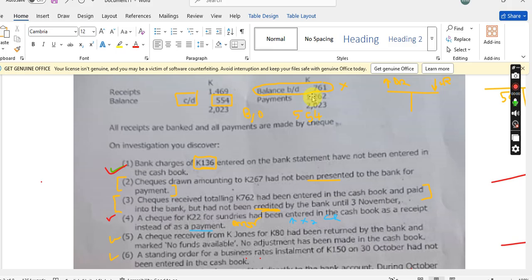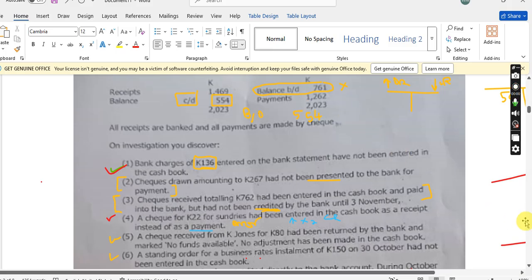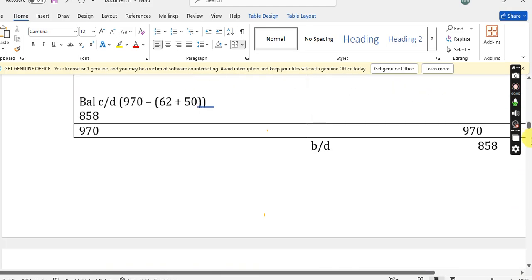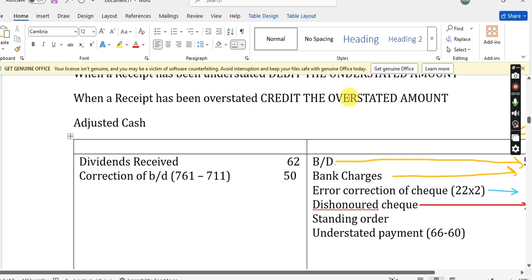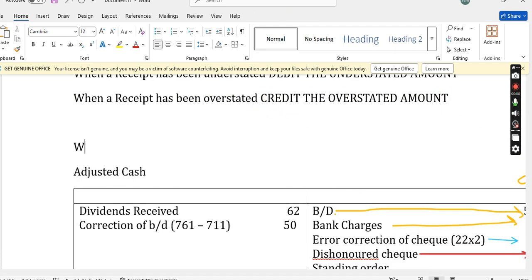So when you have an overstated balance brought down, debit. But because this balance brought down was on the credit side, sometimes you might find the balance brought down and the error was on the other side.